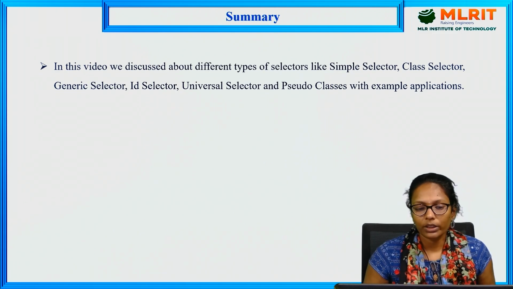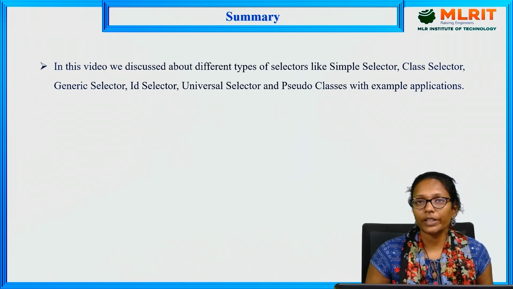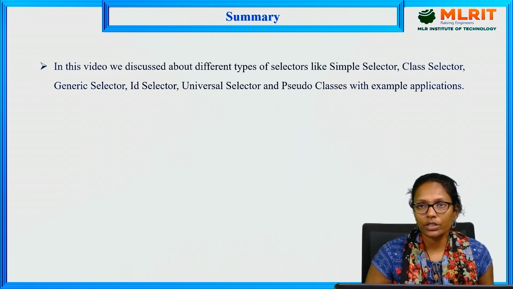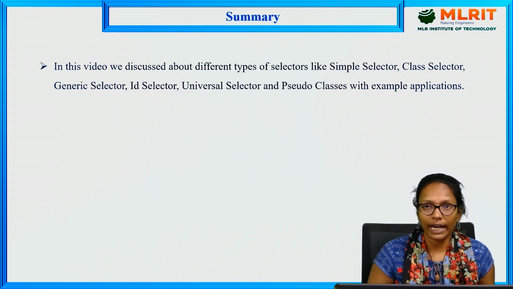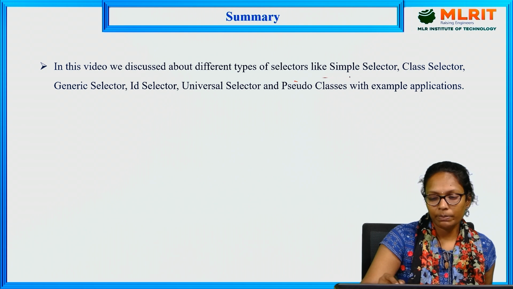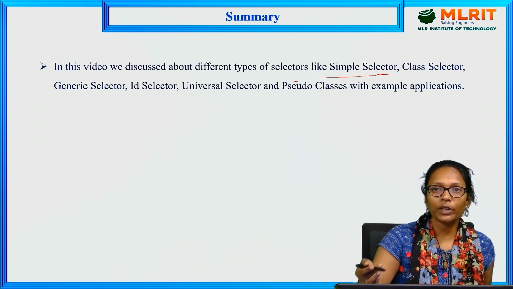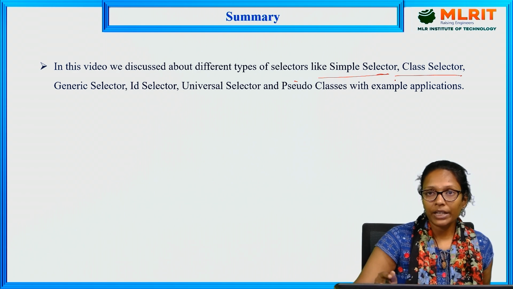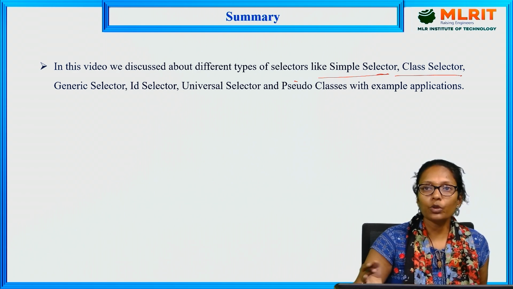So that's about different types of selectors. We are applying CSS based on the selector. First you need to select the element for which you want to apply the CSS. To choose the selector, we have different categories. In this video, we discussed different types of selectors, like the simple selector. Simple selector means you simply give the tag name. Class selector means, for different occurrences of the same element, how to apply different styles.